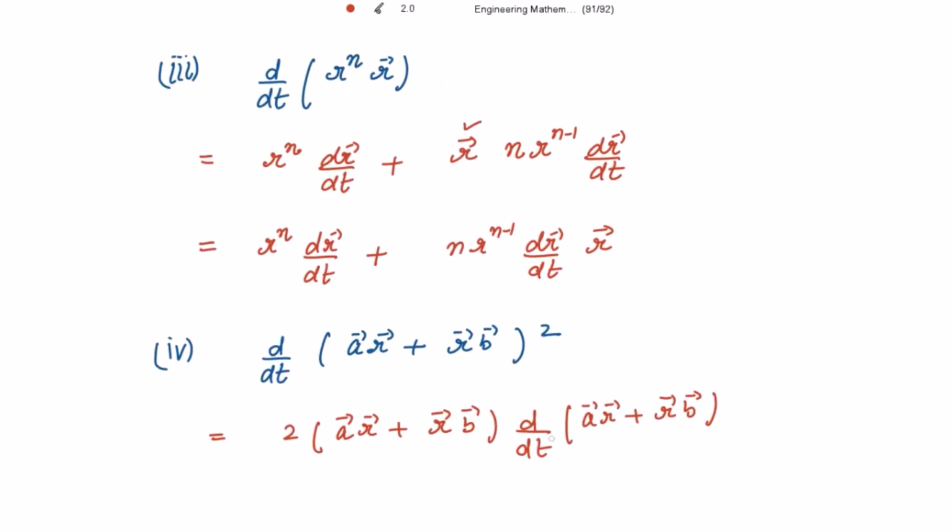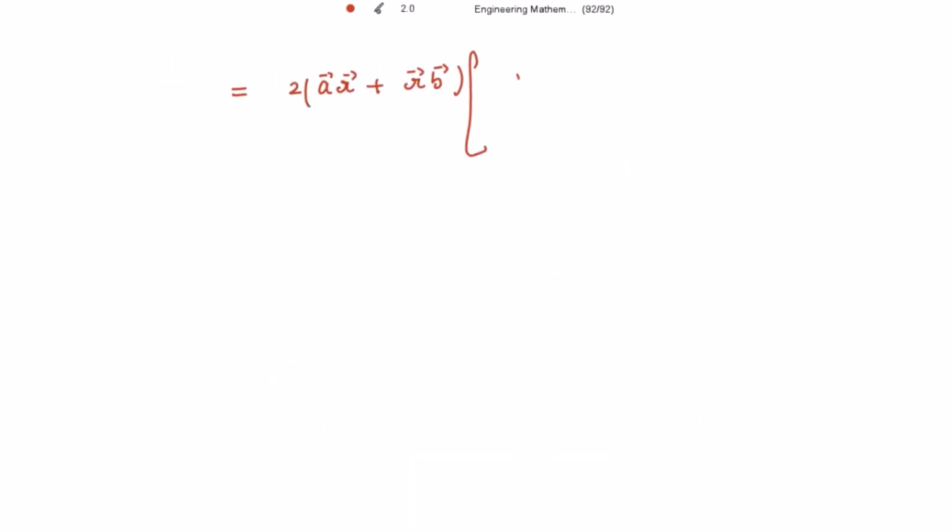It is twice of a vector r vector plus r vector b vector multiplied with the derivative of this, that is the derivative of the first term plus the derivative of the second term.